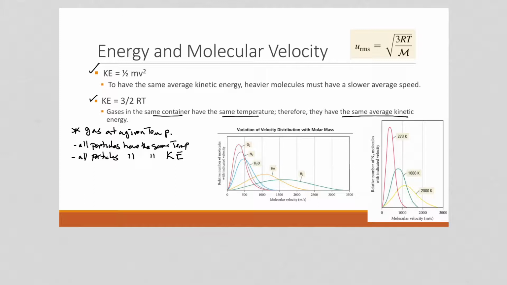So what this tells me is that because they have the same average kinetic energy, heavier molecules must have a slower average velocity. Because if m gets bigger in my equation, then in order for kinetic energy to be the same, the velocity must be smaller.